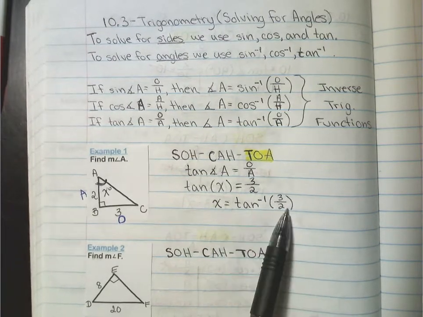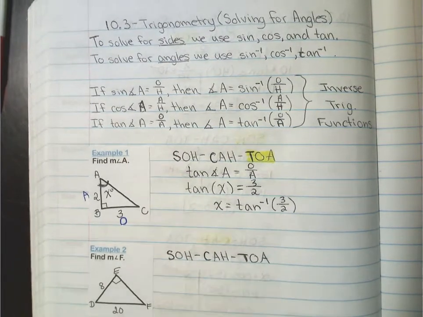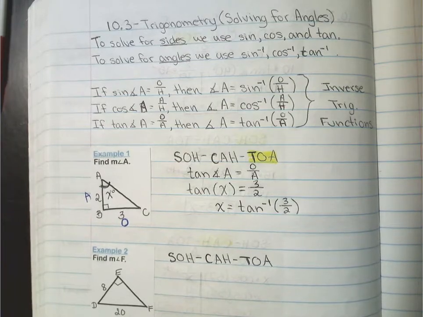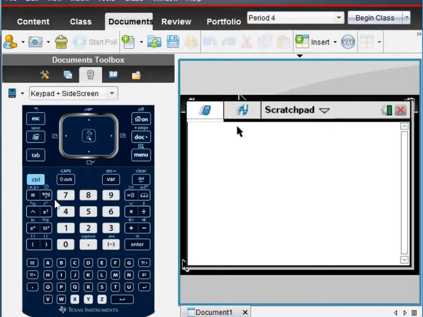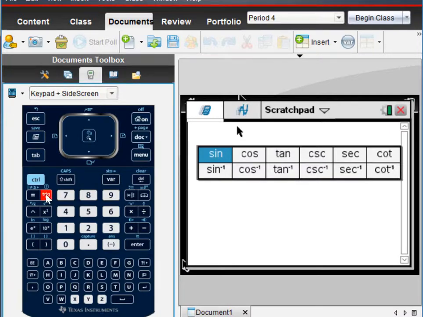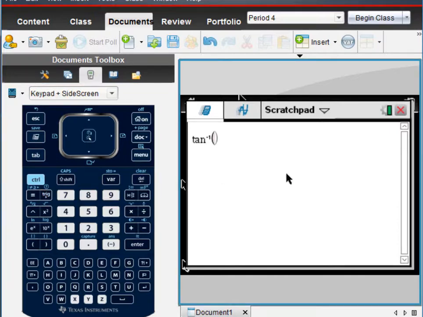Now all I have to do is type this into the calculator. We still go to the same trig button, but now we're working with inverse. Make sure you click the tangent that has the little negative exponent. I'm going to click on that one and put 3/2 inside. So 3 over 2, and that gives me 56.3099.